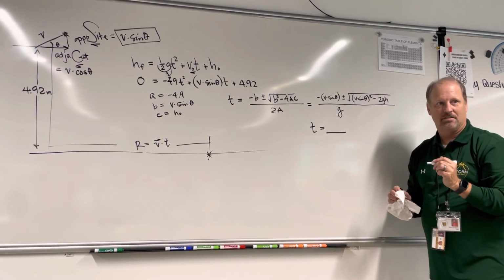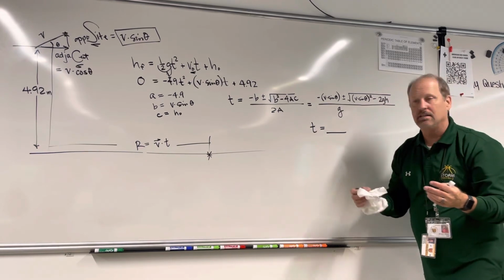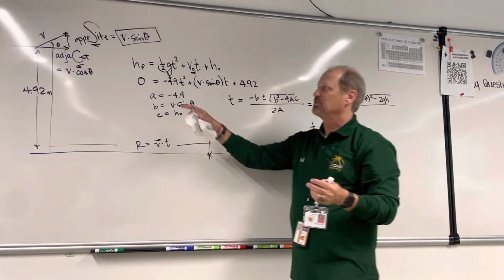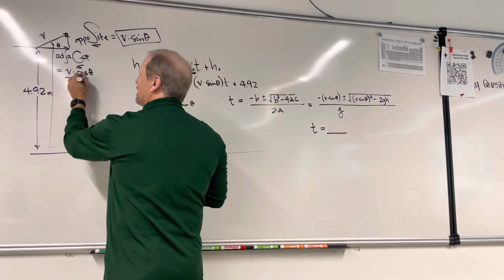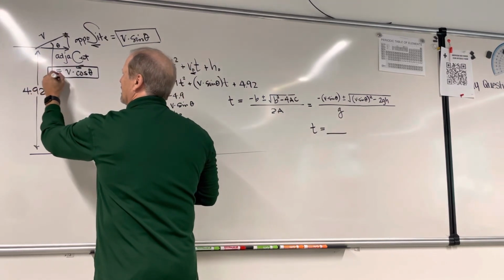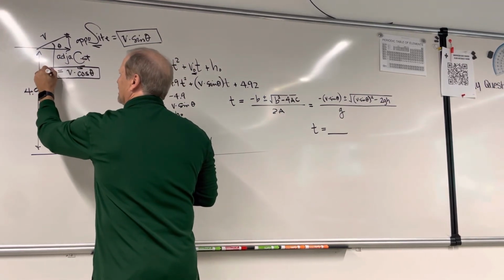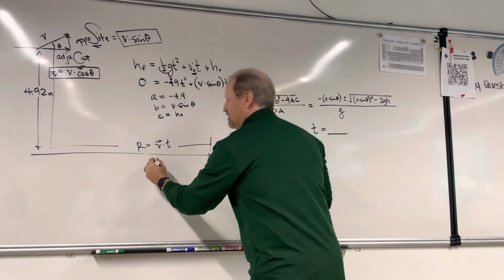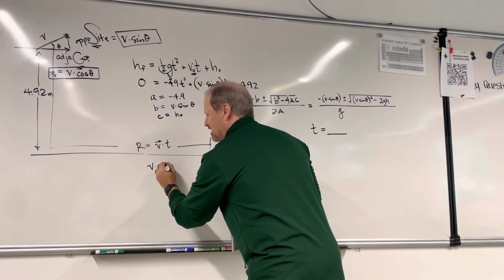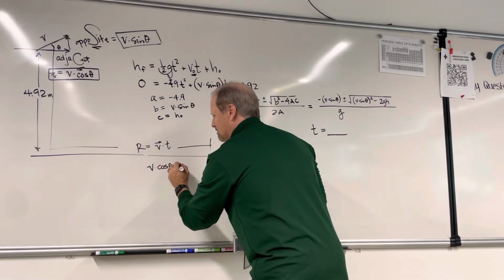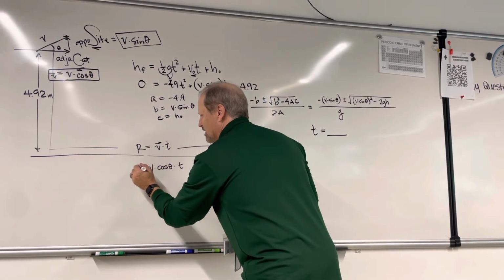Once you do that, take your time of flight, multiply it by v cosine theta, which is your horizontal velocity. So v cosine theta times t equals the range.